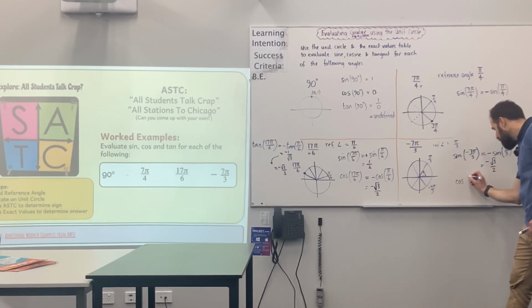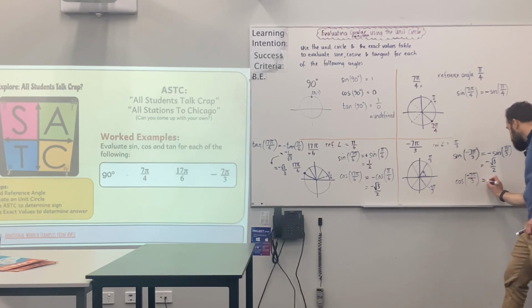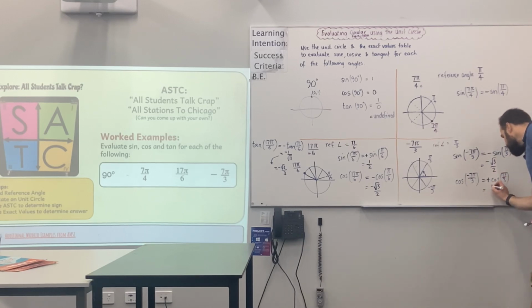Cos of negative 7 pi on 3 has something to do with cos of pi on 3. That something, because I'm in the fourth quadrant, is just that they are the same. It is positive. And cos of pi on 3 from the exact values table is 1/2.